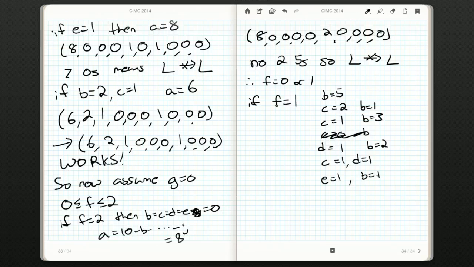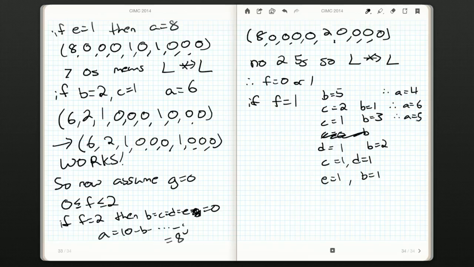Can't immediately think of something, so we should probably just continue on. Alright, so this one would be A equals 4. This one would be A equals 6.